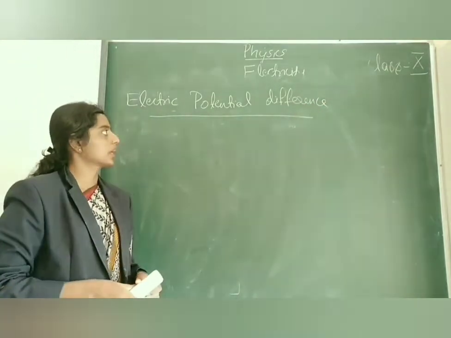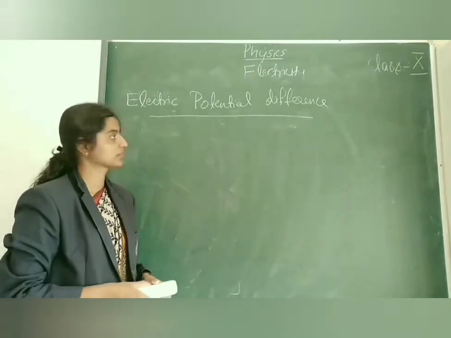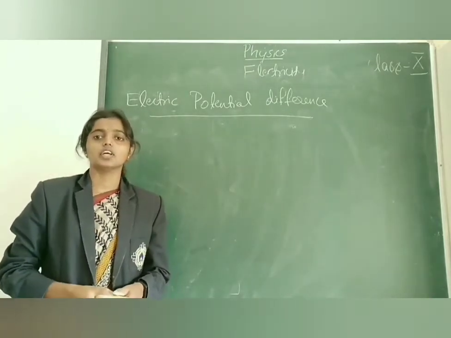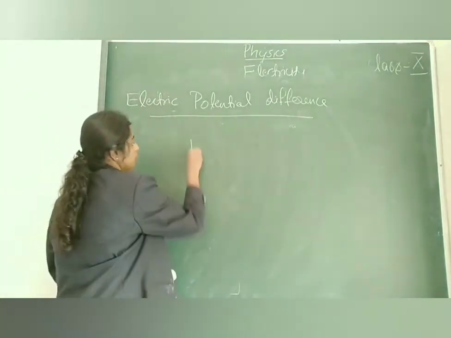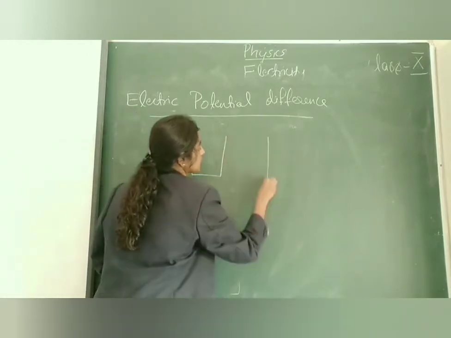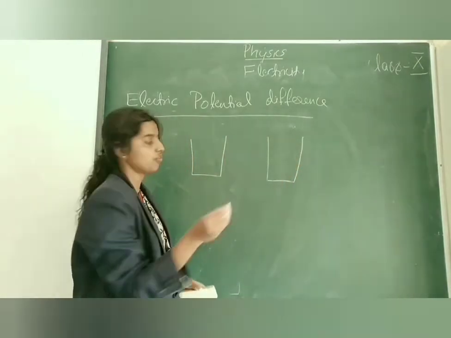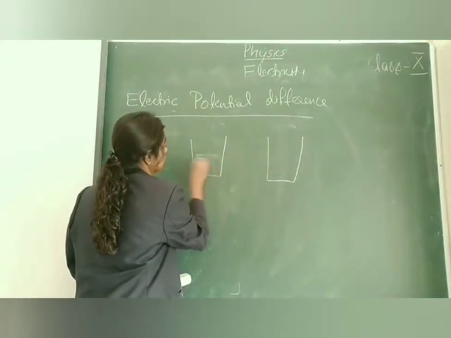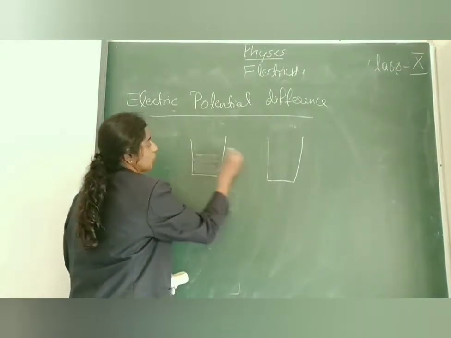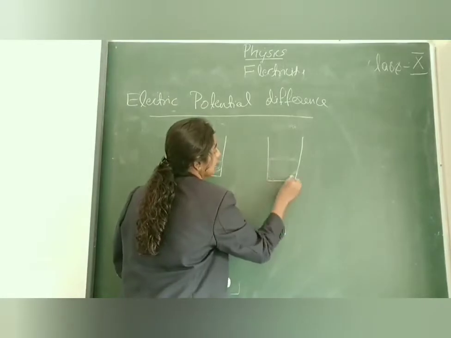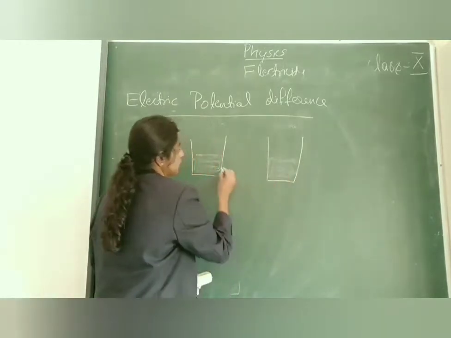Let me explain with an experiment. Imagine we have two beakers, both of them filled with an equal amount of water, and they are connected with a pipe at the bottom.